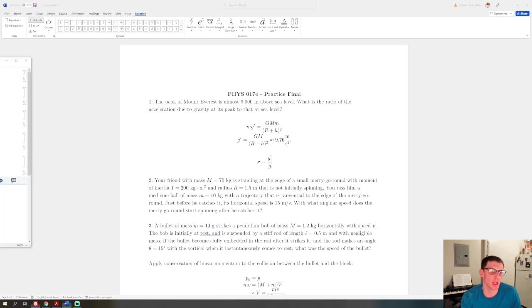So when we divide this by 9.81, we find that it's about 0.994, let's say. So it's pretty close, right? You wouldn't even notice. But there is a difference, technically.